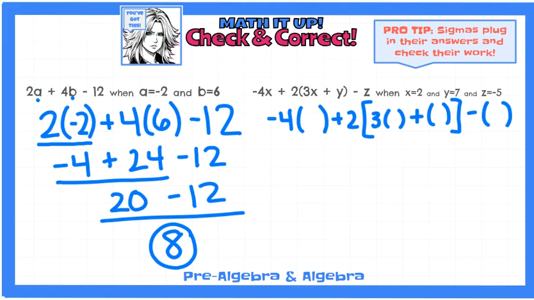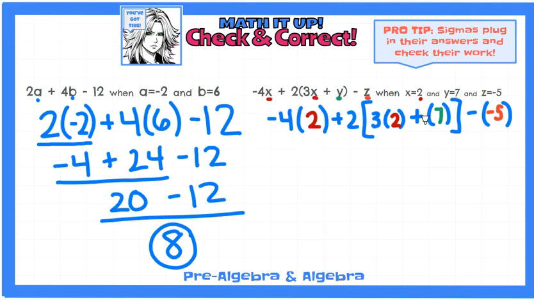So in this case, we have an X here, and we have an X here. So there's 2 places. X is a 2, so I'm going to plug that 2 in here, and I'm going to plug it in next to the 3 here. Then we have a Y here, and Y is a 7. Plug that 7 in, and then we have a Z here, and that Z is a negative 5. Plug that in there. Then we can go ahead and start our work.